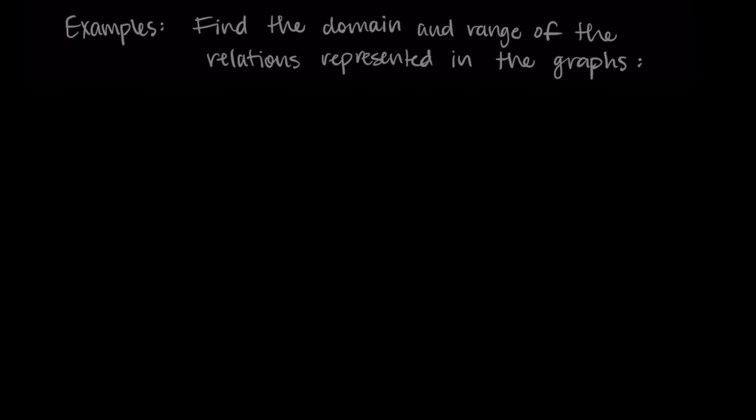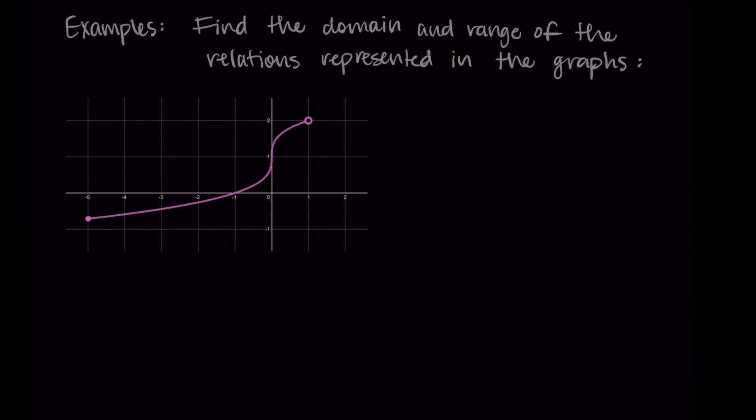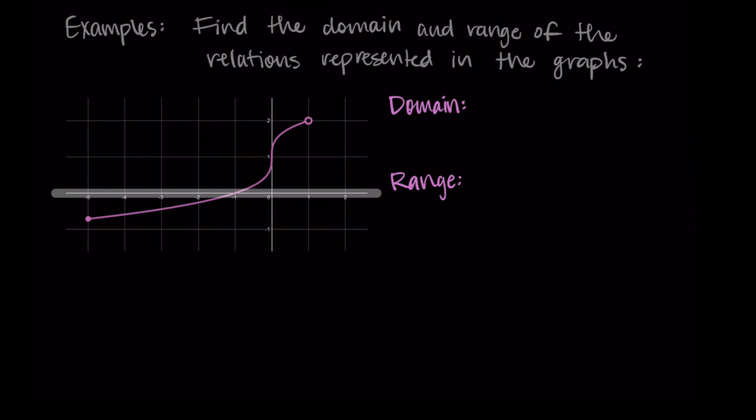Okay, let's try this one more time. So let's find the domain and range again. We start with domain, reading from left to right. I see that my graph does not start until x equals -5, so this is the first value in my domain. Then my x values continue until I get to x equals 1, and this is the last place where I have a point.